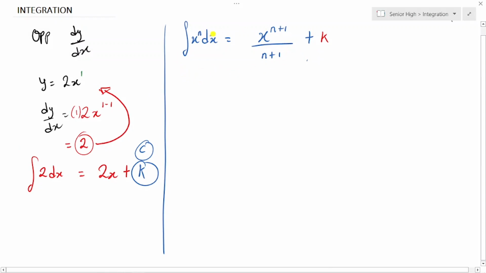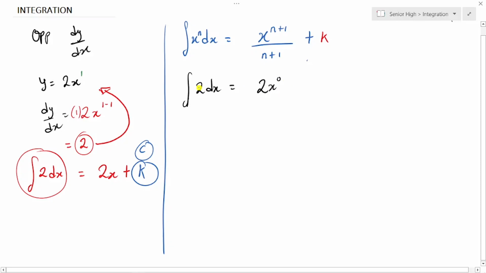Now with all this being said, let's look at the initial question we tried to solve again. So we did the integral of 2 with respect to x. Then what did we get? What's the power? What is the x value here? The x value is actually like saying x to the power 0, right?